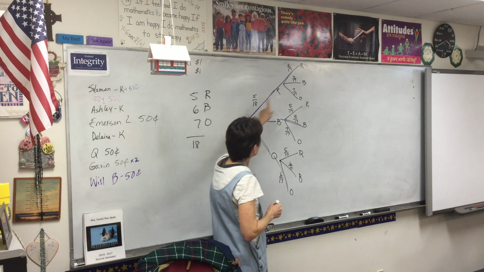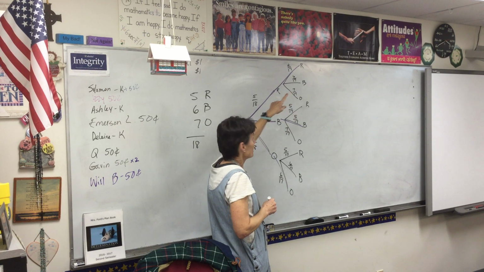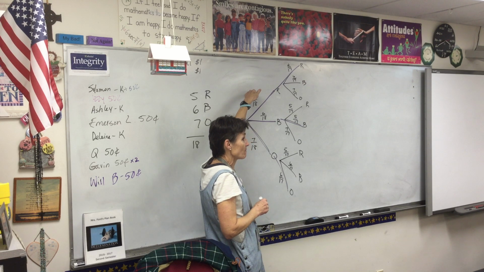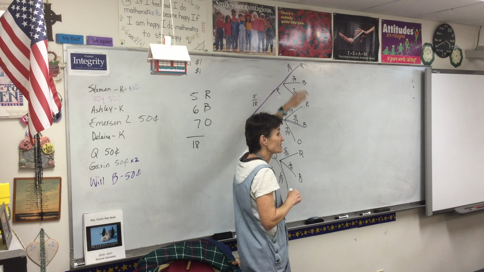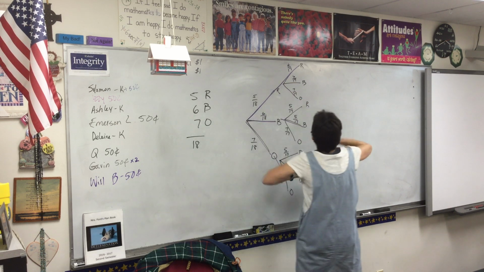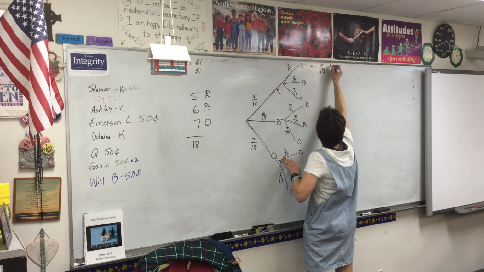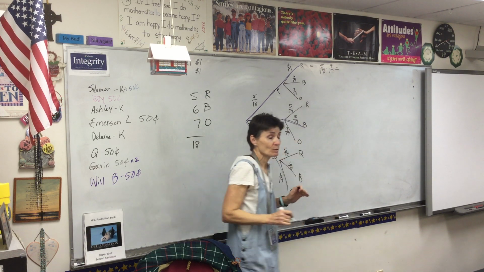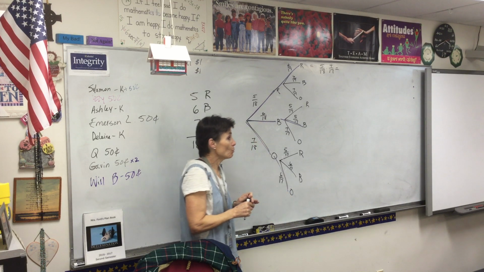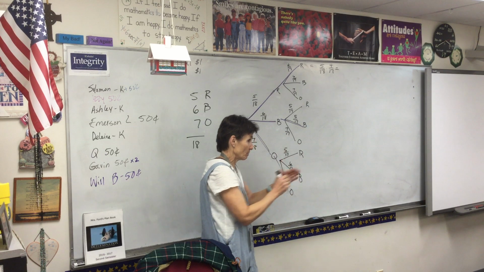So, blue, blue, or excuse me, red, red. This is red, red. The probability of one red is 5/18. First red was 5/18, and second red was 4/17. We're going to multiply those two numbers together. We want red and red, so we're going to multiply those together. Whenever you want X and Y, you multiply it.